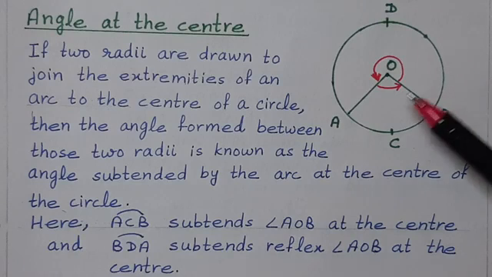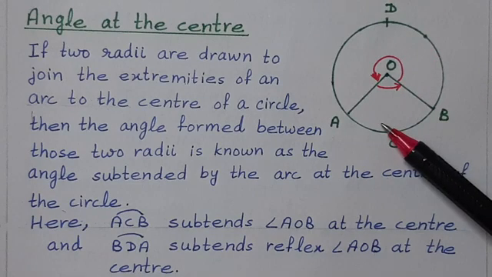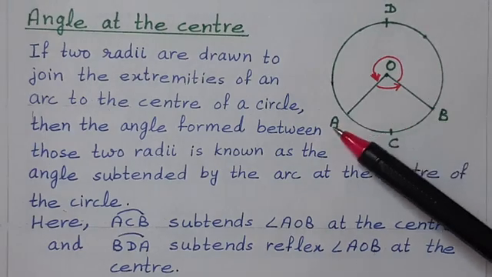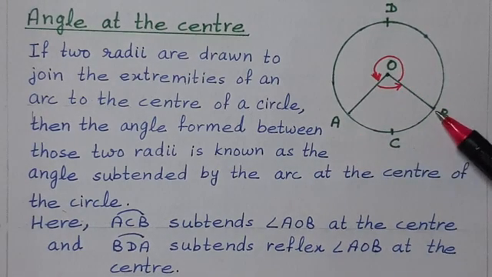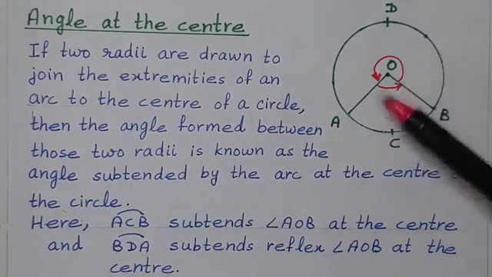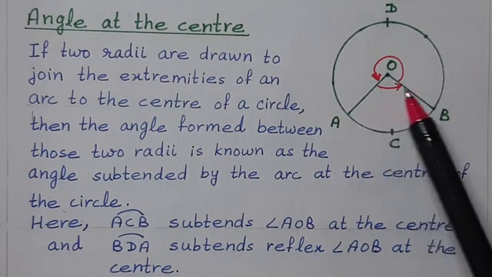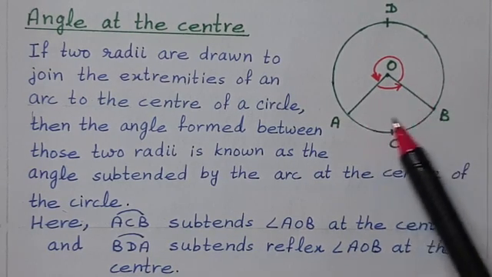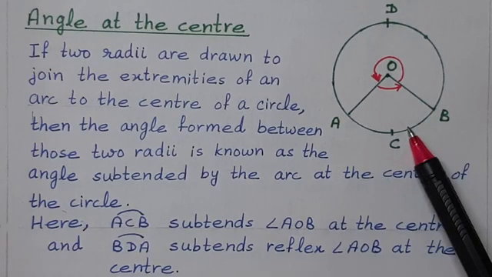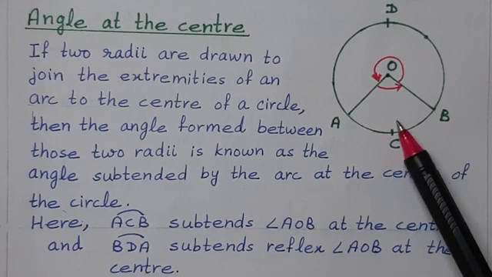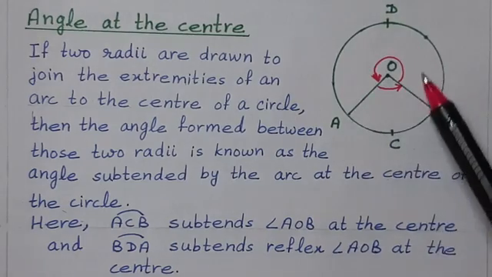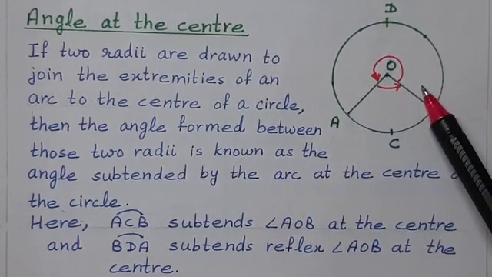Now students, one more thing here. The angle AOB is dividing the circle again into 2 parts. Here the minor part is known as the sector, minor sector. Clear? And the major one is known as the major sector. Clear?